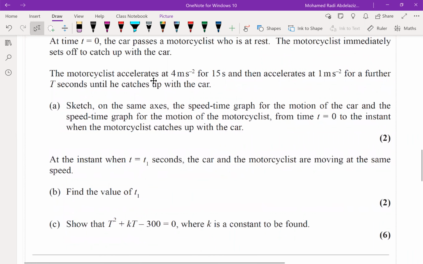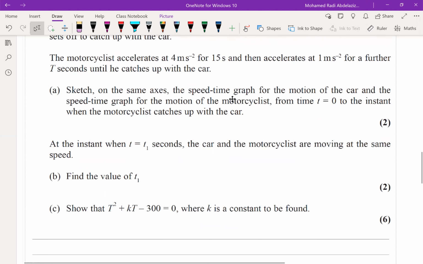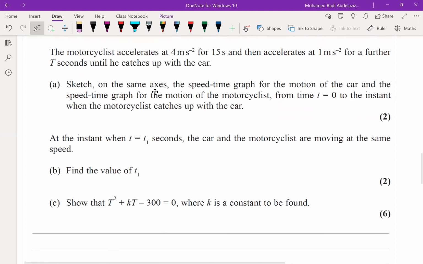The motorcyclist accelerates at 4 meters per second squared for the first 15 seconds and then accelerates at 1 meter per second squared for a further 30 seconds until he catches up with the car. Sketch on the same axes the speed-time graph for the motion of the car and the speed-time graph for the motion of the motorcyclist from t equals 0 to the instant when the motorcyclist catches up with the car.